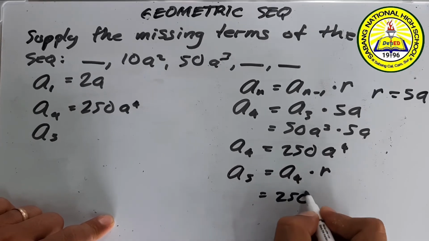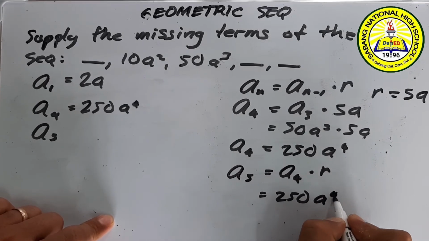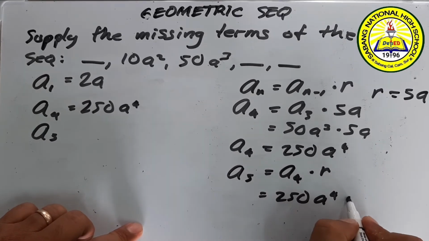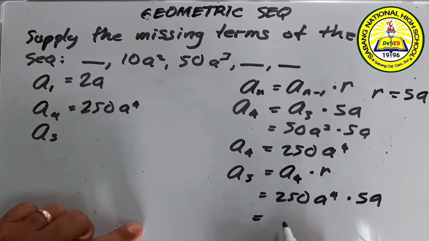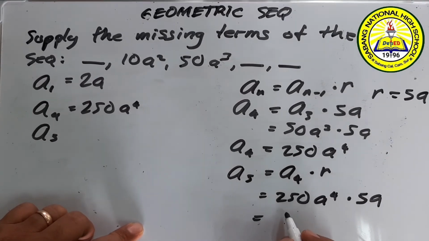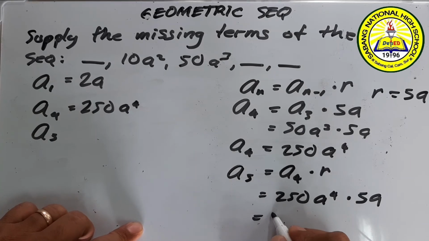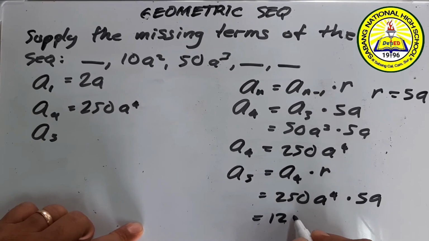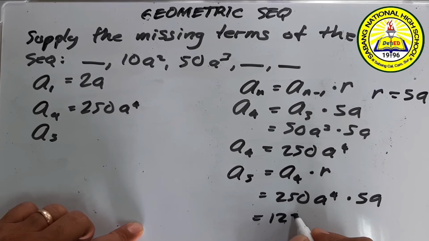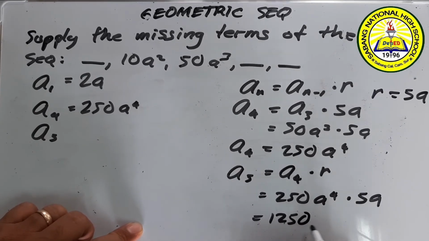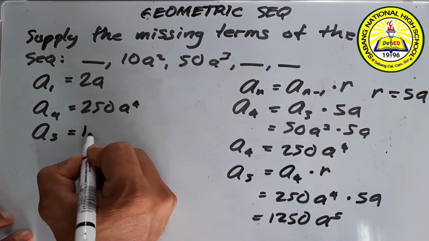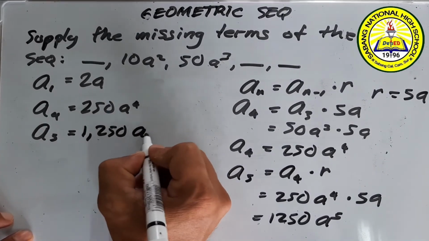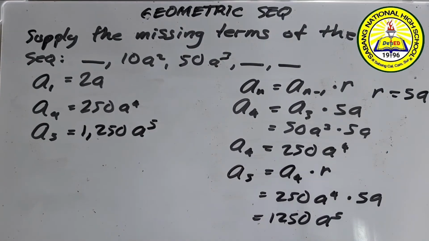That is 250a to the 4th, based on the value of a sub 4, times the common ratio 5a. So we have 250 times 5, which is 1250. Therefore, the 5th term is 1250a raised to the 5th power.